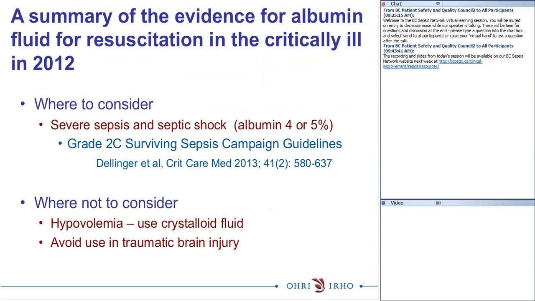Probably not to consider using it for patients that are just hypovolemic, and not necessarily because there's harm, but because there doesn't really appear to be any benefit for giving albumin versus crystalloid in that setting. And we probably would suggest avoiding using it for now in the setting of traumatic brain injury until more data is generated to say otherwise, that in fact it's not harmful. But for right now, that subgroup analysis data is pretty compelling to avoid using it in that particular setting.